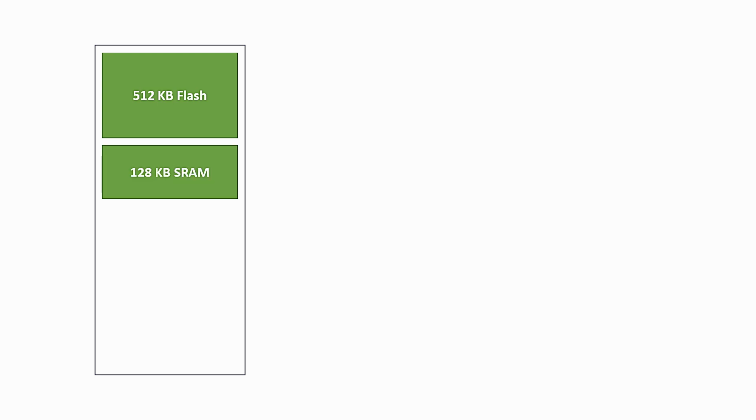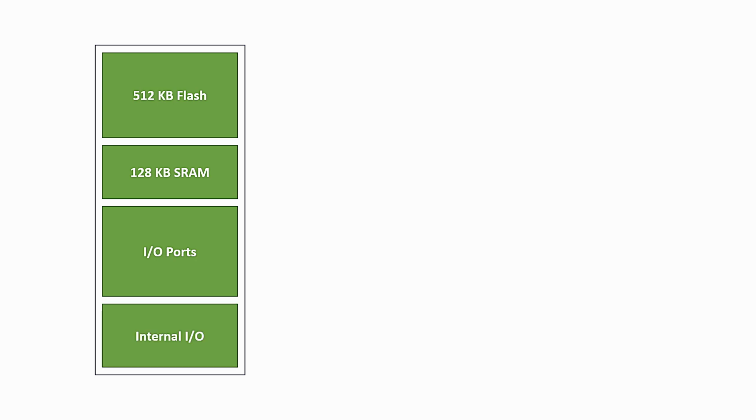Let's consider this is the memory block of the microcontroller STM32F446RE, and in this memory map we have 512 KB of flash ROM program memory, and following that we have 128 KB of static random access memory, which is RAM, and then we have IO ports memory, which is allocated for input output ports, and following that we have memory dedicated for internal IO, and the memory segment starts from 0x00000000 to 0xFFFFFFFF. This is the end of the memory map region of the microcontroller STM32F446RE.